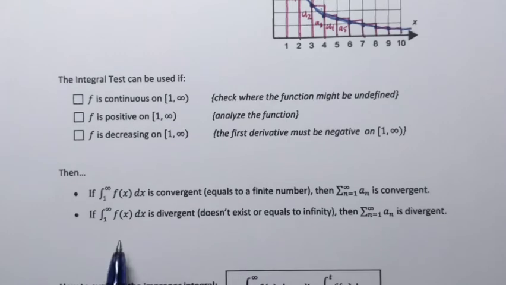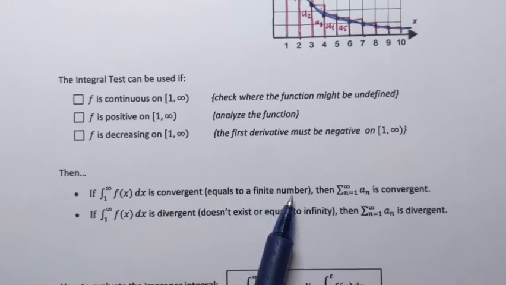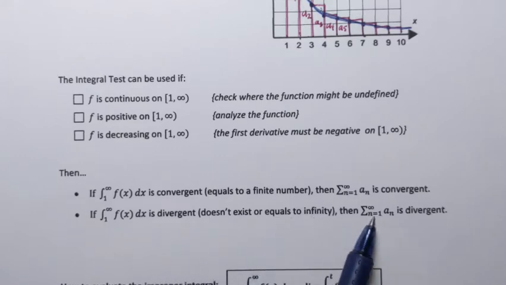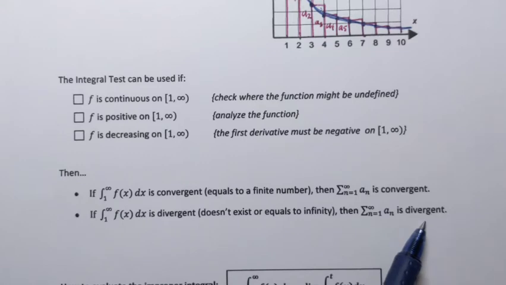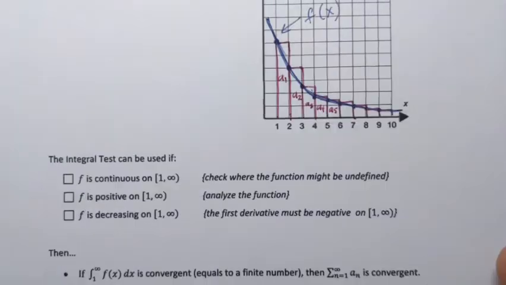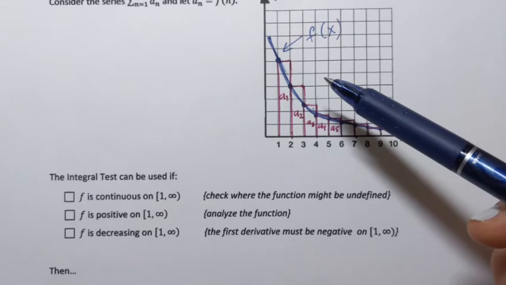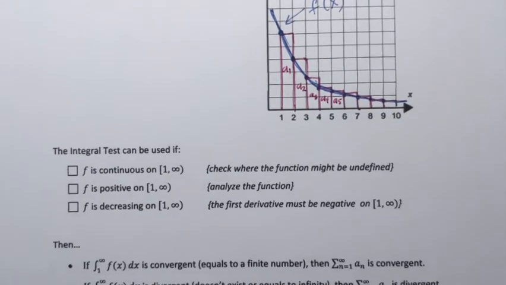Here it's outlined. So if that improper integral is convergent, equals a finite number, then the series is going to be convergent. And if that improper integral is divergent, so either it doesn't exist or equals infinity, then the series is divergent as well. The only note I have to make here is that the integral test can only be used if that corresponding function f of x satisfies 3 conditions, and here are those conditions.